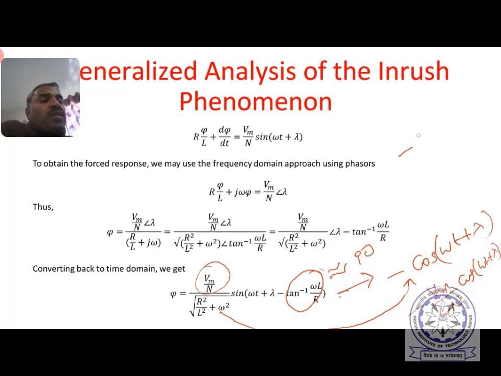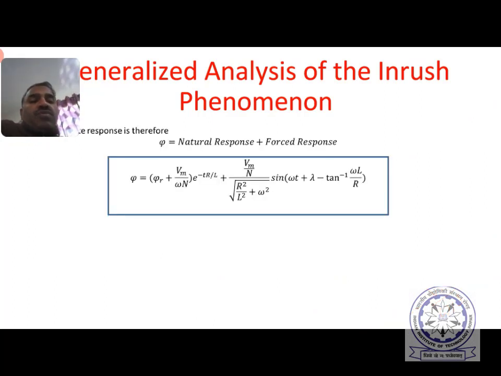So simply you write minus φ max, because this corresponds to the maximum value of φ, cos ωt plus λ is the steady state portion, and the transient portion is simply A e to the power of minus t by tau. Okay. So this total solution is the combination of these two.